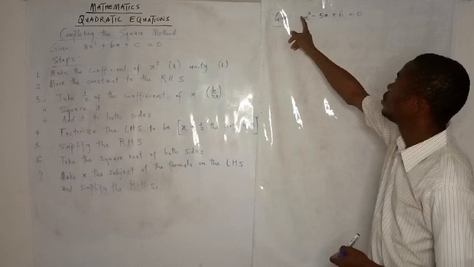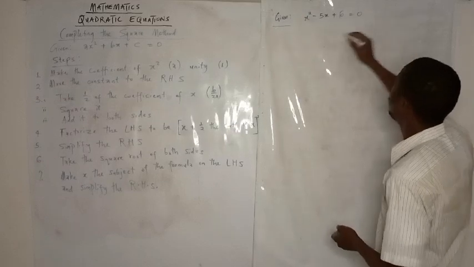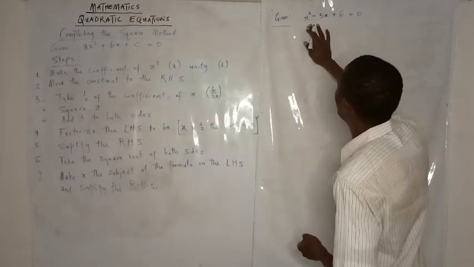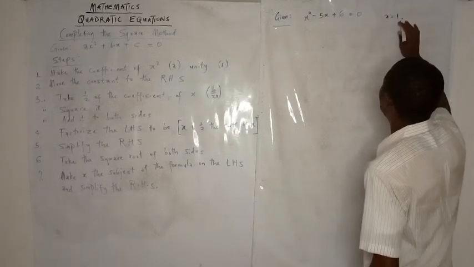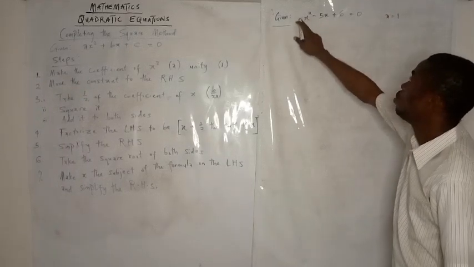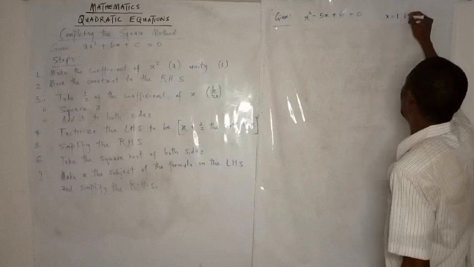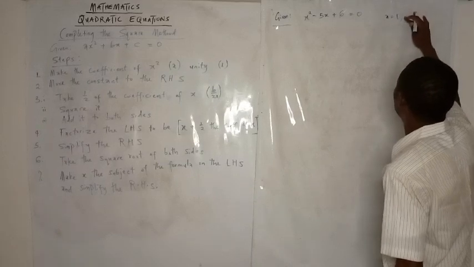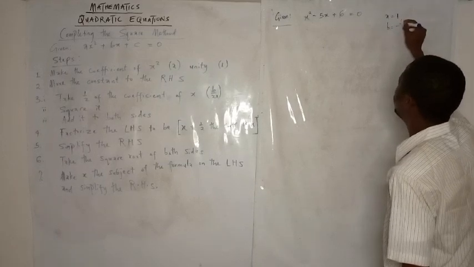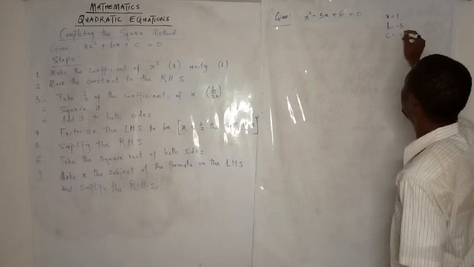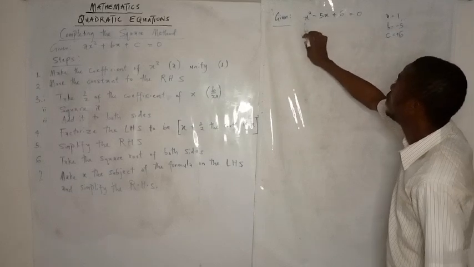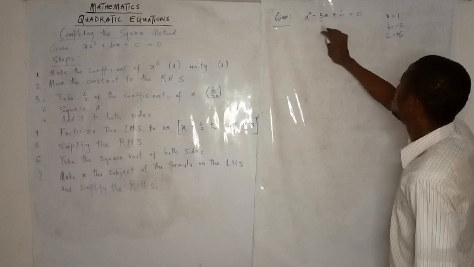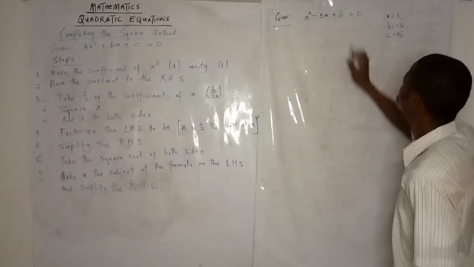Don't forget that our a is equal to 1, it is unity already. Our b is equal to -5, and our c is equal to +6.